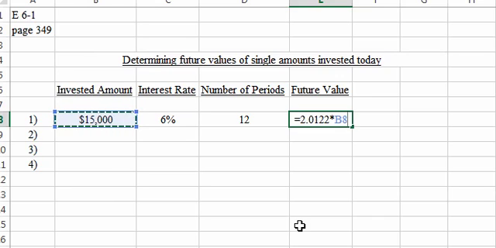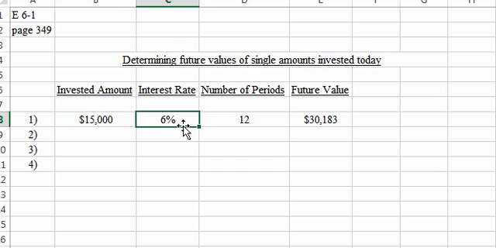And we end up with $30,183. So what we're really saying here, if you invest $15,000 today at an interest rate of 6%, in 12 years, you would have $30,183. So as you'll see here, it's much easier to make money if you have money. You've probably always heard that. Here's an example of how.